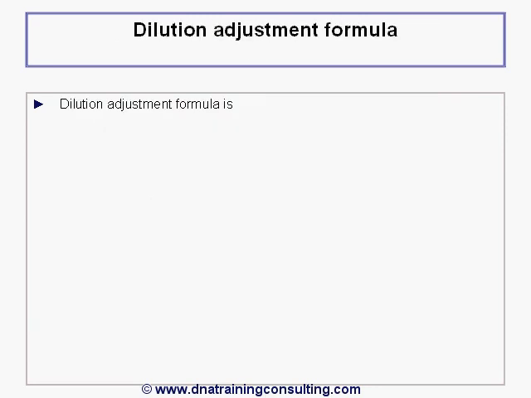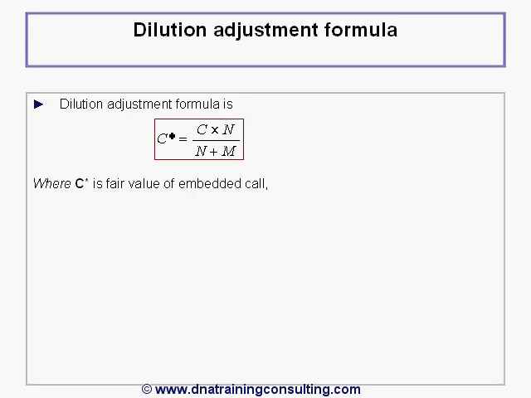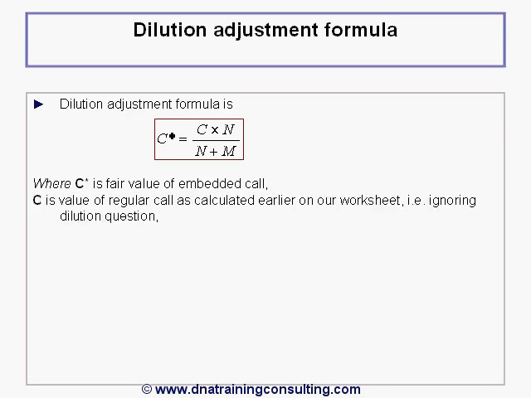The well-known formula for this adjustment, which we will prove shortly, reads as follows: C star equals C times n over n plus m, and you should read the n over n plus m as one unit, where C star is the fair value of the embedded call, C is the value of a regular call as calculated earlier on our worksheet, i.e. ignoring this dilution question.